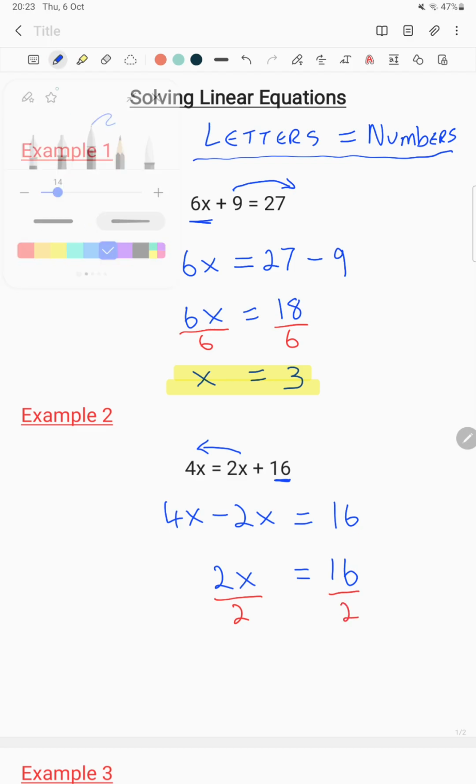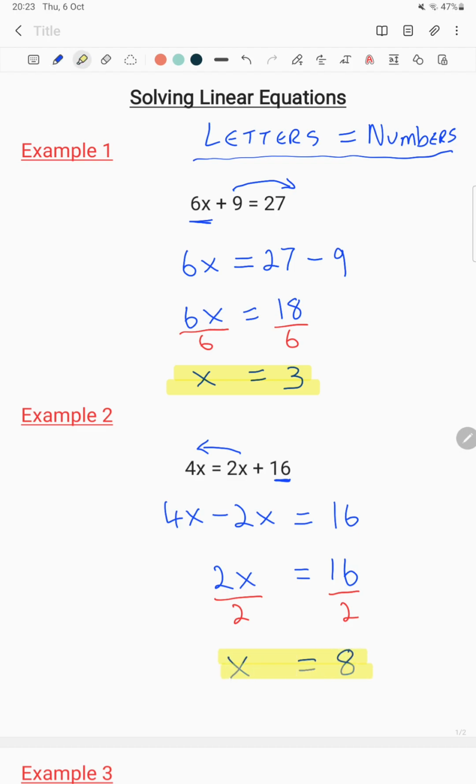Then 2 divided by 2 leaves us with a single x, and that's equal to 16 divided by 2, which is 8. And there we go, that's the answer for the x in that example.